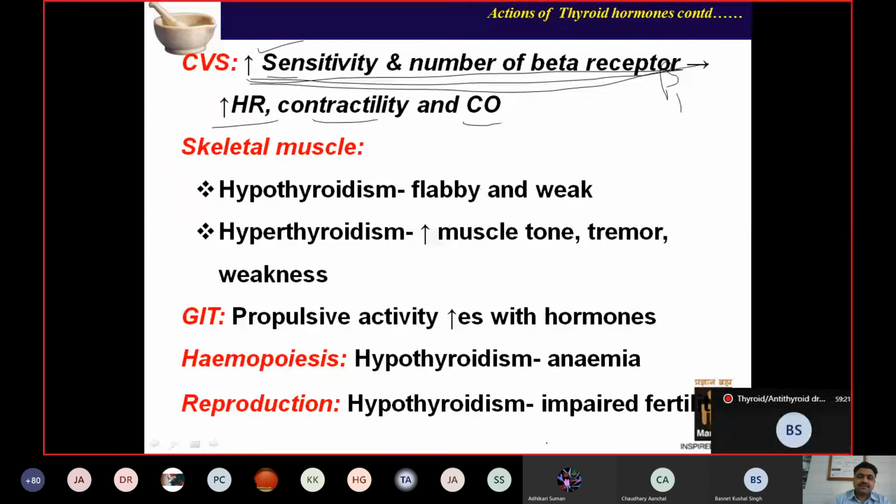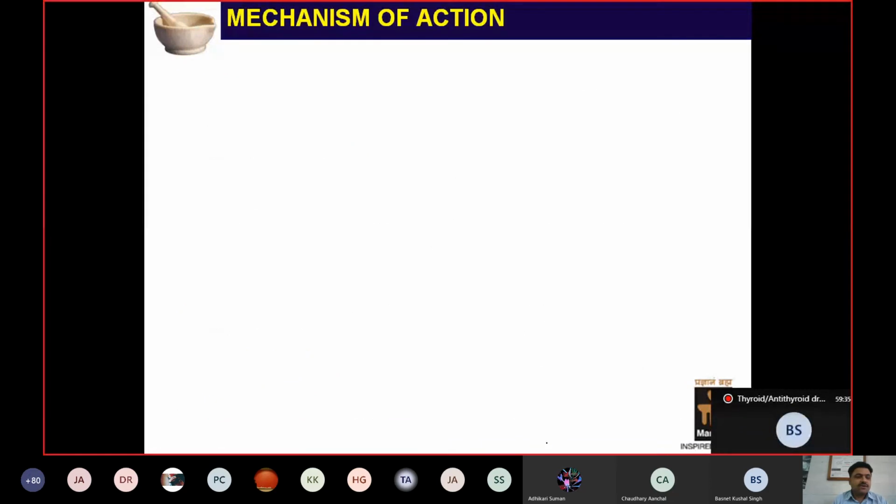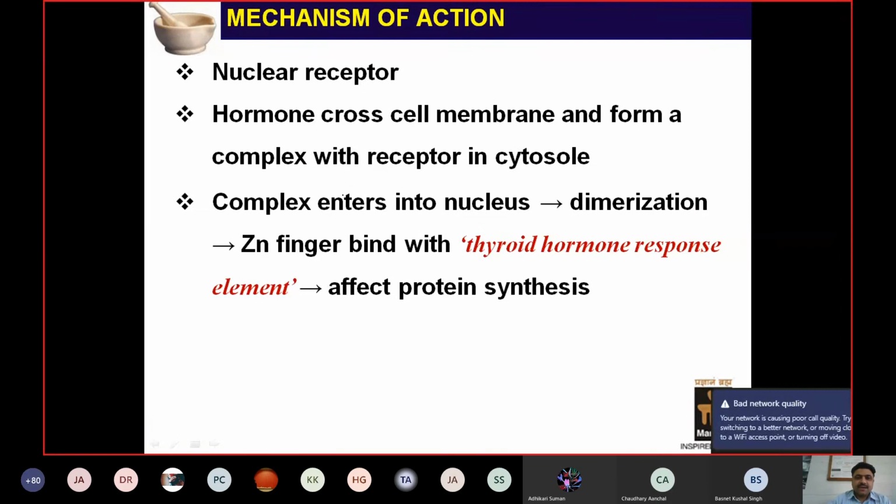These are the actions of thyroid hormones. Talking about the mechanism, how does it act? It acts through the nuclear receptor. I think in the first semester we already discussed the types of receptors and the nuclear receptor. The nuclear receptor is present in the cytosol, not inside the nucleus.